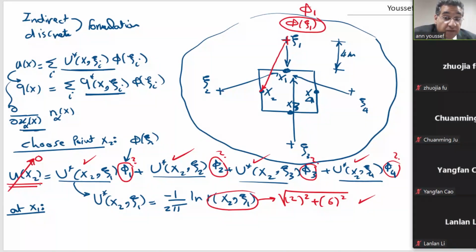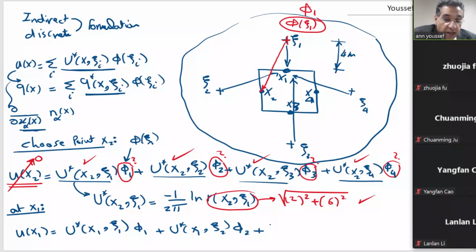If I write the same equation at x1, I will have u at x1 equal to the fundamental solution between x1 and xi1 times phi1, plus u at x1 and xi2 times phi2, plus u at x1 and xi3 times phi3, plus u at x1 and xi4 times phi4.